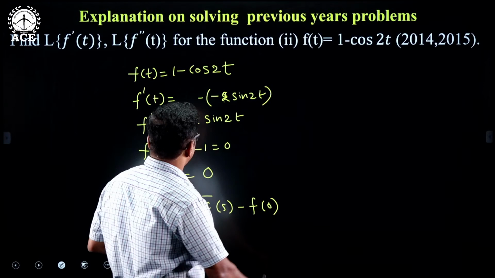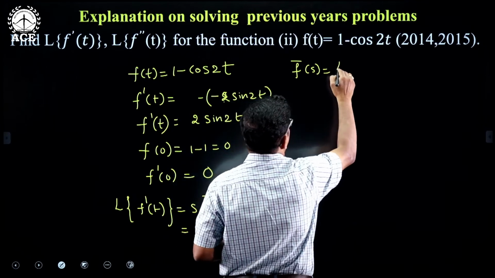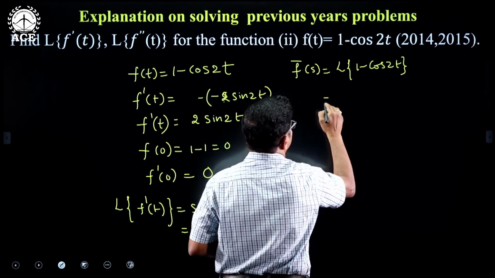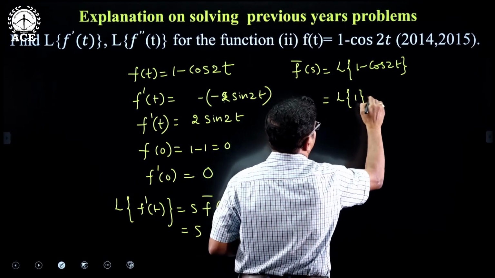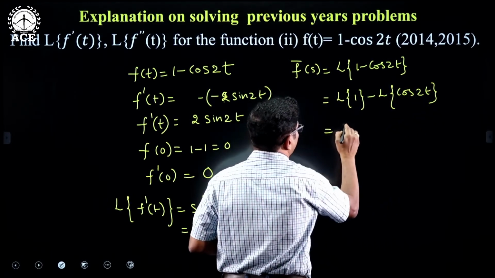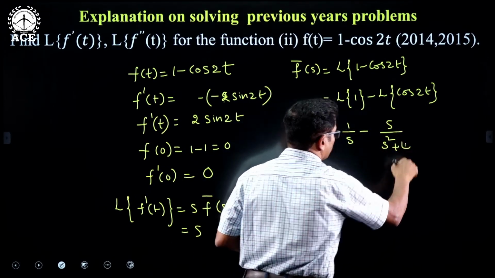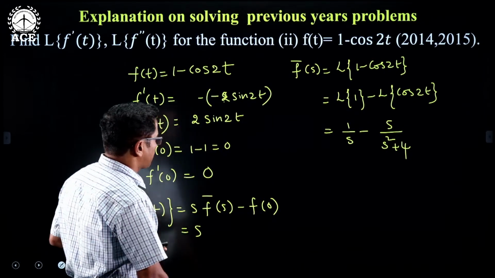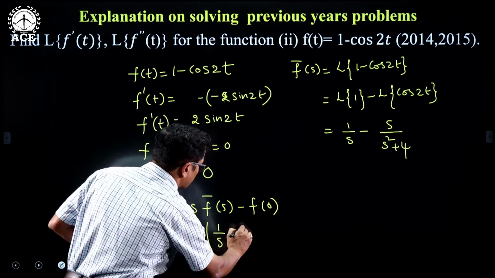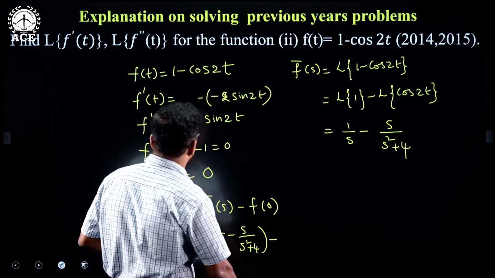Did we find f bar of s? Right. Evaluate f bar of s here. So f bar of s equals L of 1 minus cos 2t, which is L of 1 minus L of cos 2t, which is 1 by s minus s by s square plus 4. So f bar of s I am writing as 1 by s minus s by s square plus 4, minus f of 0 which is 0.